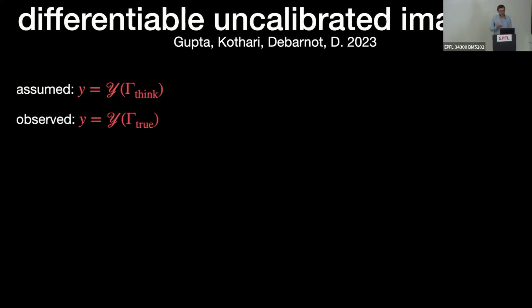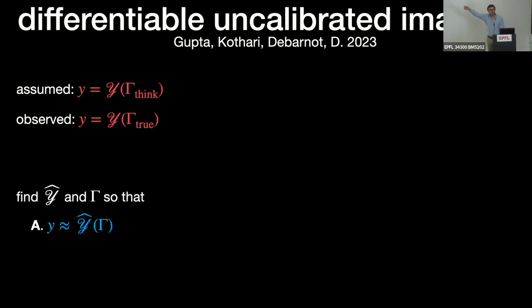Now, what you can do, and this was possible also before the advent of deep learning, but it's so easy to do it now, and I think that is the game changer, is that you can pose the problem so that I want to find some continuous underlying sinogram, which I call y hat, and also a set of sampling locations, such that my data is actually explained by evaluating this estimated sinogram at the estimated set of locations, at the estimated geometry.